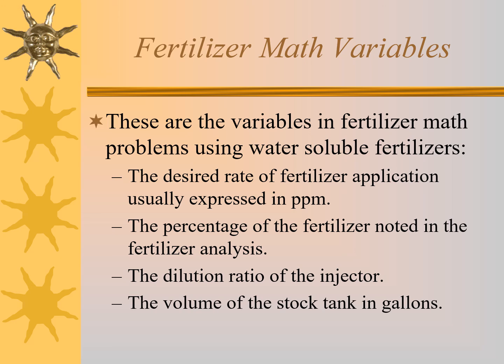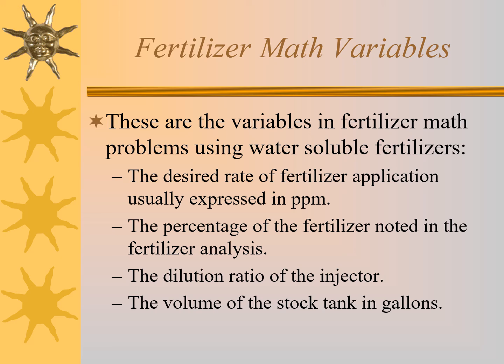One variable is we have to know the desired rate of fertilizer application, and that's usually going to be expressed in parts per million. And normally that's going to be for nitrogen. So typically, a typical rate might be 150 parts per million of nitrogen or 200 parts per million of nitrogen.